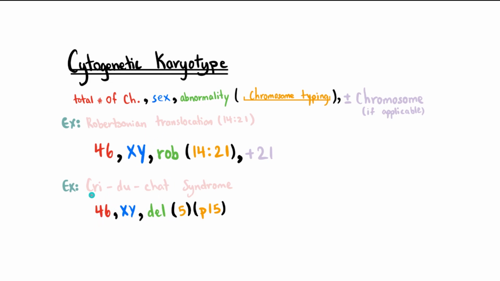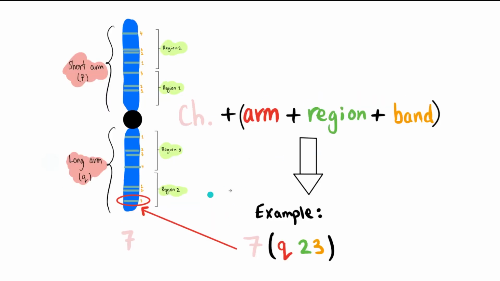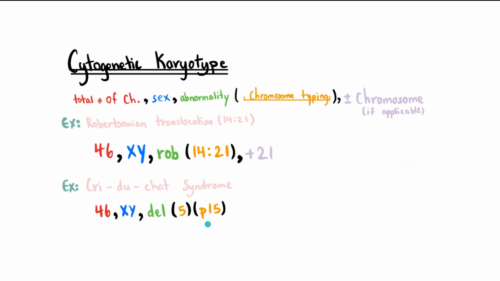So here we have the total number of chromosomes, 46, then we add the sex, then the abnormality, and then the actual region on the chromosome, which is what we learned over here. We have chromosome 5, the short arm, so p, and then region 1, band 5. So region 1, band 5.